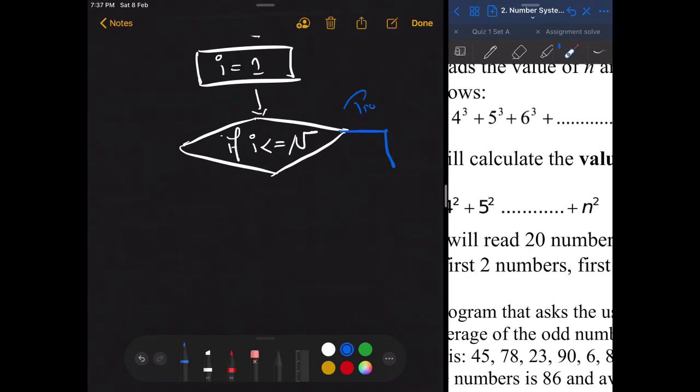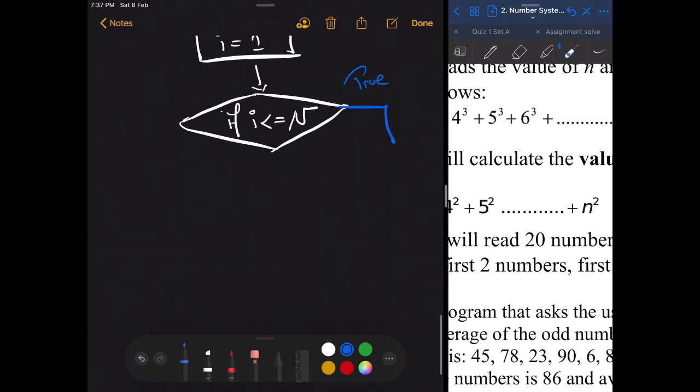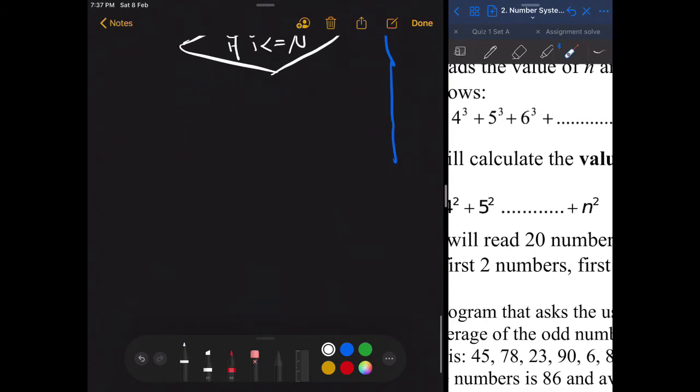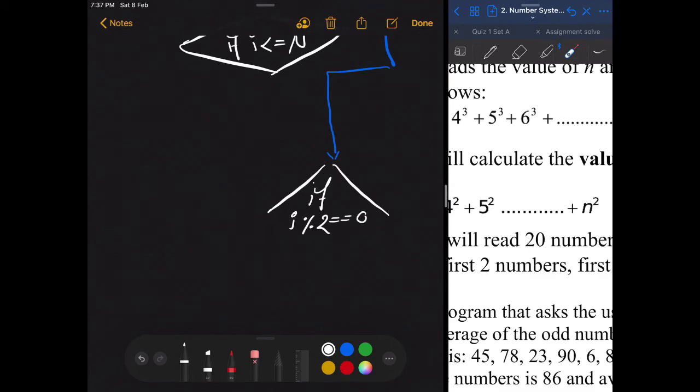So this is for the true case. If that is true, then we are going to check if that corresponding number is odd or even. If I mod 2 equals 0.